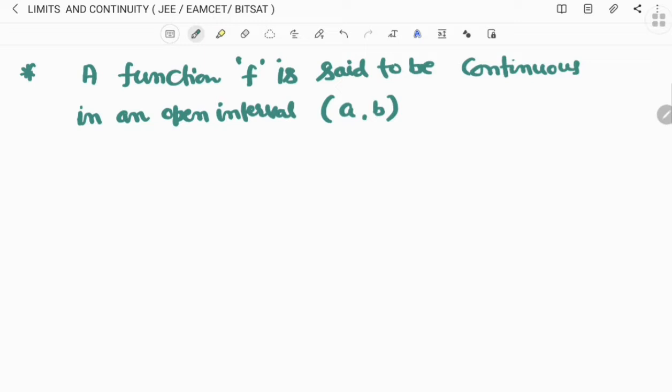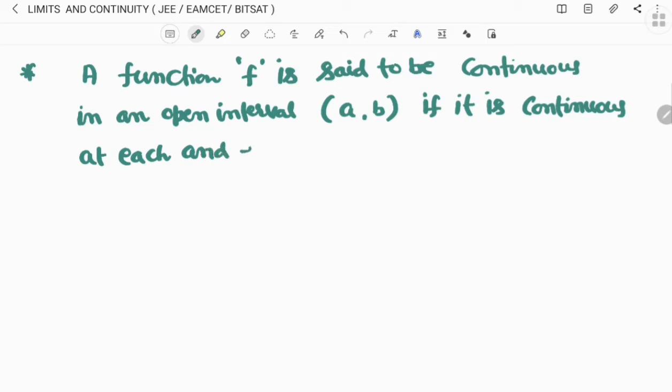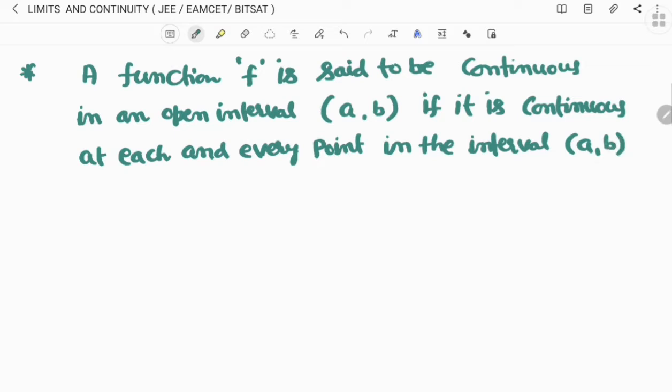So f of x is said to be continuous in open interval of a comma b if it is continuous at each and every point in the interval, that is in interval a comma b.